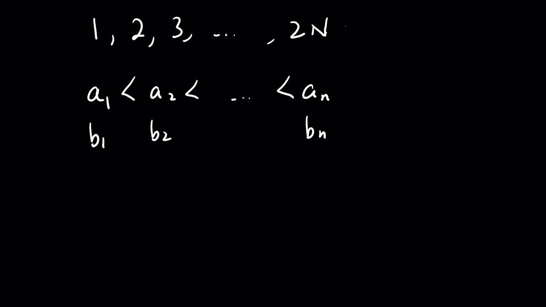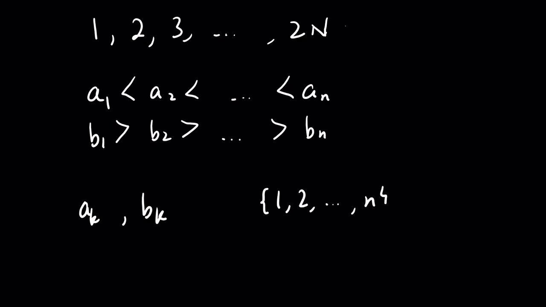In this case, it is decreasing, meaning that B1 is greater than B2, greater than B3, and so on until Bn. Then we claim that for the numbers in the same column, AK and BK, one of them must come from the set 1, 2 up to n, and the other must come from n plus 1, n plus 2, all the way to 2n.